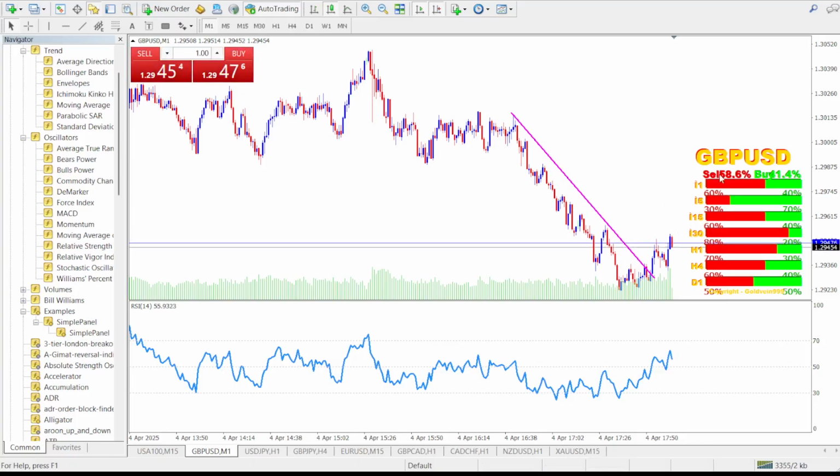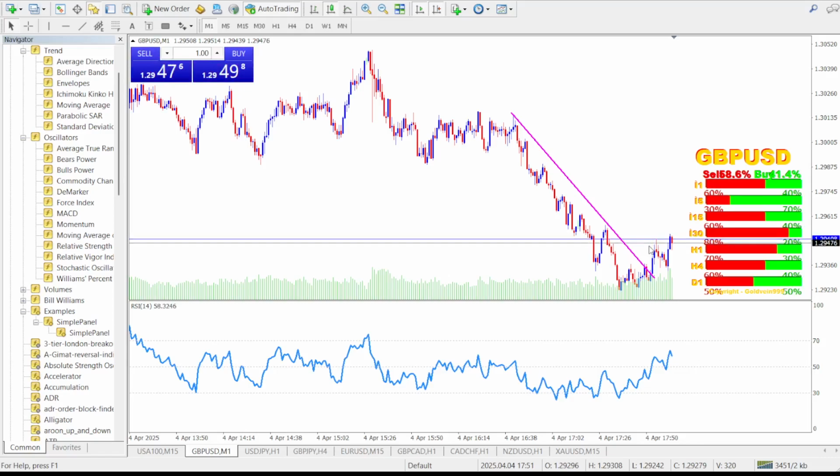But still, you look at this and know whether buying pressure or selling pressure is dominating at the time, and then you can trade in line with the prevailing momentum alongside market structure. Okay, it's important.